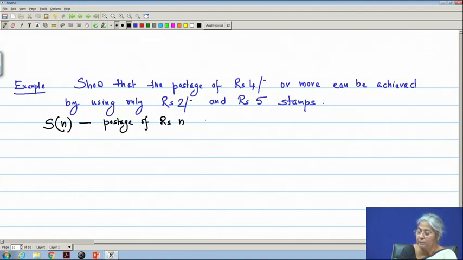Postage of ₹n can be achieved by ₹2 and ₹5 stamps.